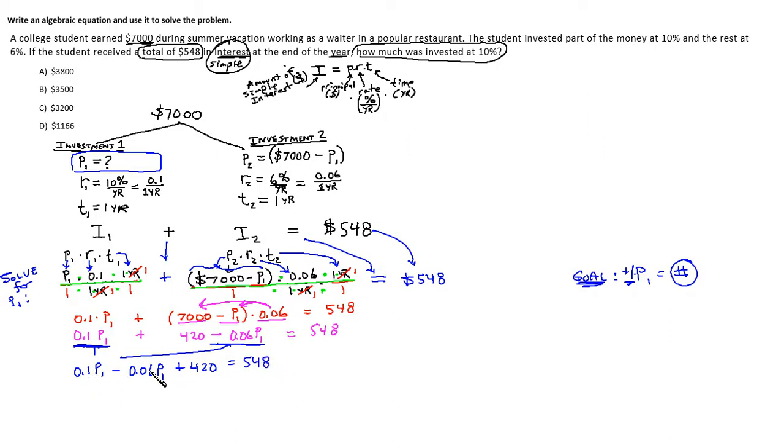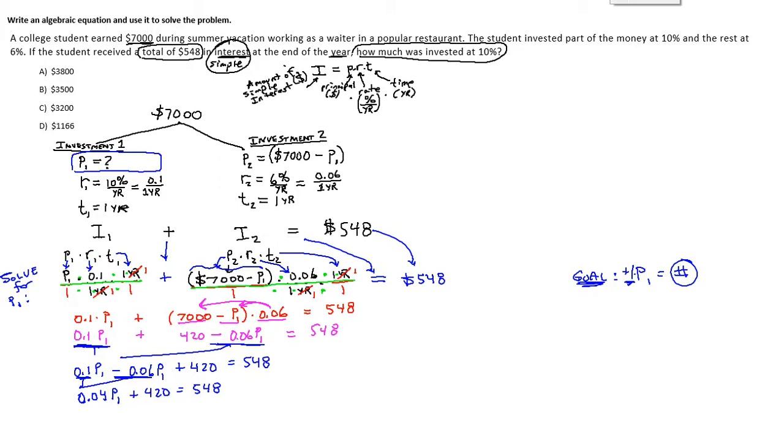Of course, when you have like terms like P1 to the first and P1 to the first, all we do is add or subtract their coefficients. 0.1 in my calculator minus 0.06 equals 0.04, positive 0.04. 0.04 P1 plus 420 equals 548.